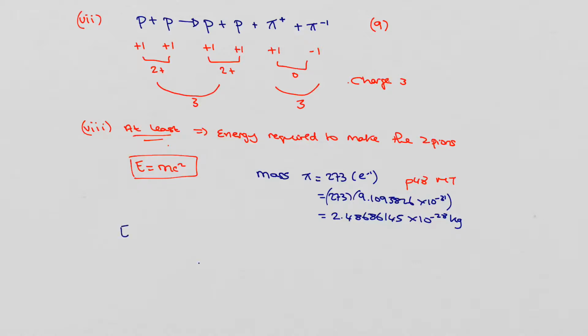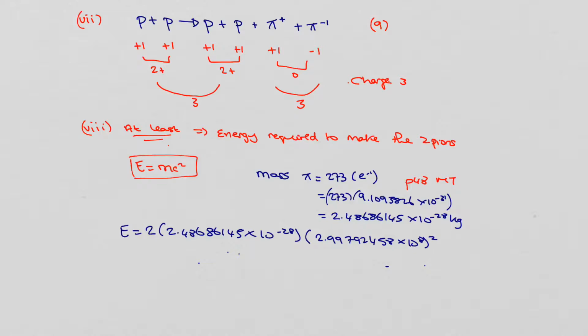If we're looking at the energy needed to make them, we have 2 of these pions, so we have to double that mass. Okay, so we have 2 of our pions, and then that's times speed of light squared. Speed of light wasn't given to us, so we take it from our tables: 2.99792458 by 10 to the power of 8, squared.